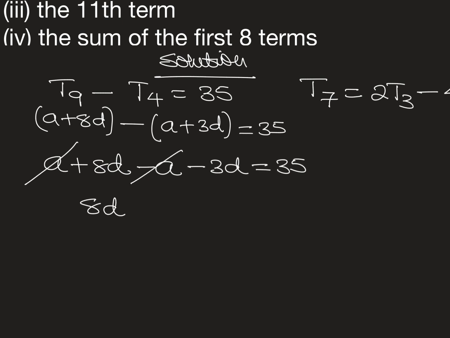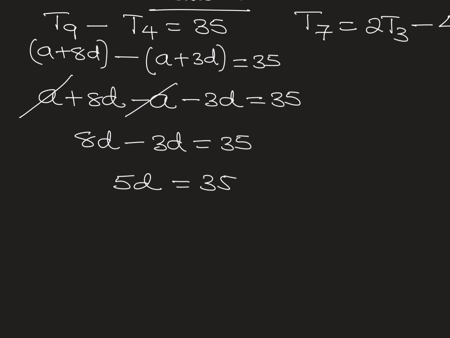We're going to have 8d minus 3d is equal to 35. 8 minus 3 is 5, so that will be 5d equals 35. To find d, we divide both sides by 5. So d will be 35 divided by 5, which is 7. So the common difference is 7.